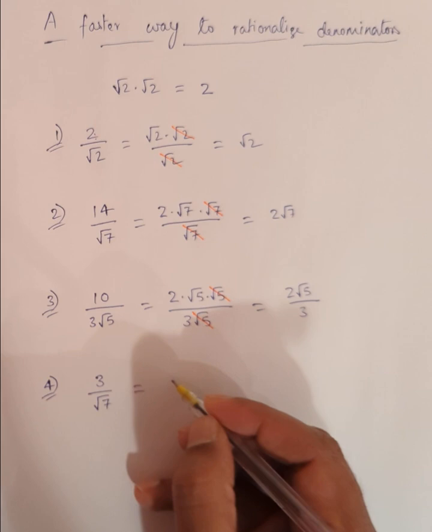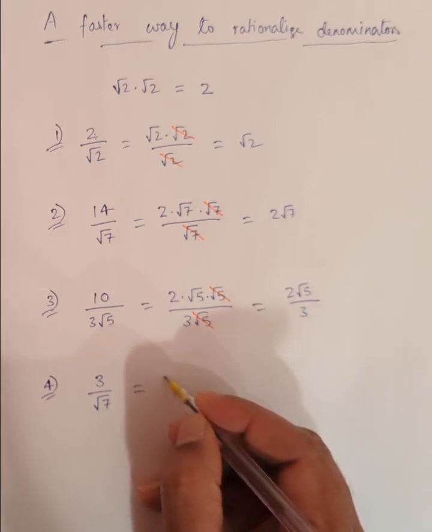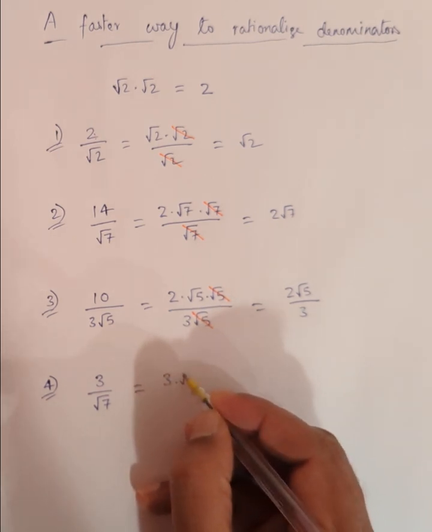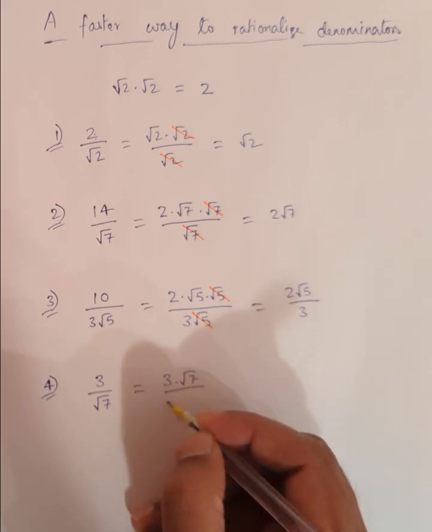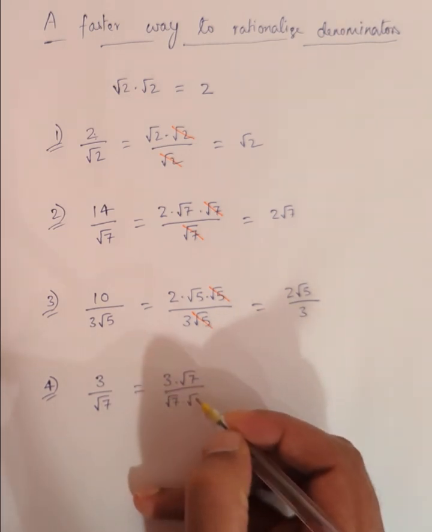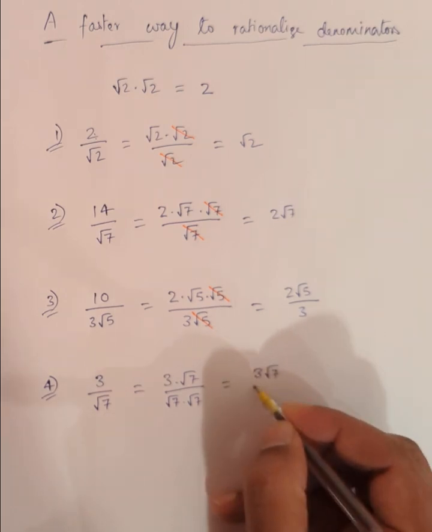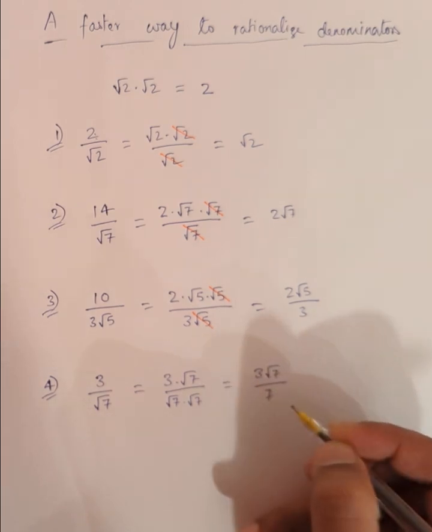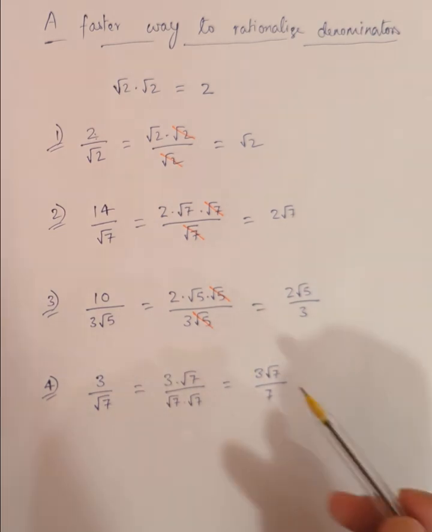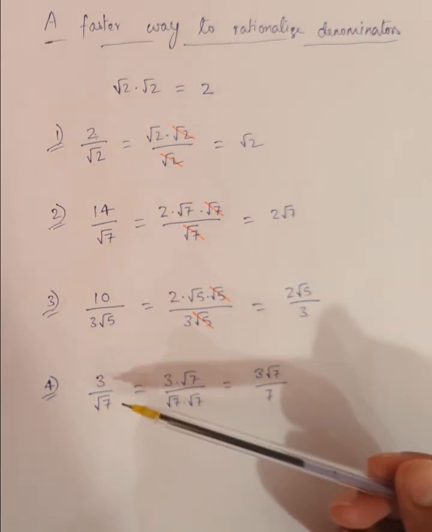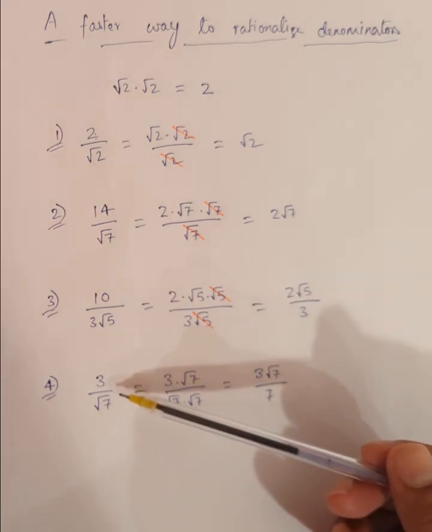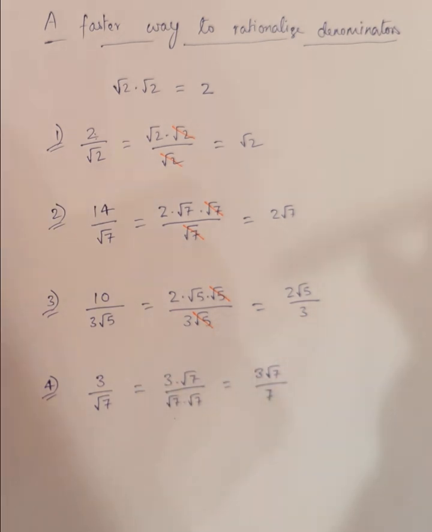In that case, we do the usual, introducing an additional root 7 in. So 3 root 7 over root 7. So this is the time we'll have to do what we are used to doing, multiply and divide by root 7.